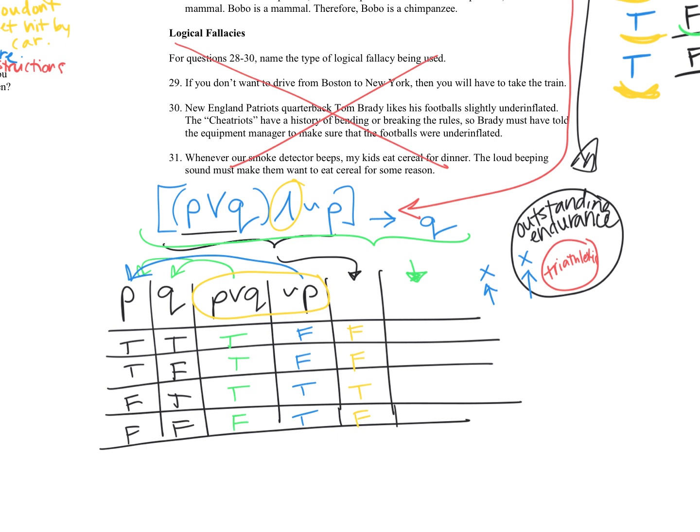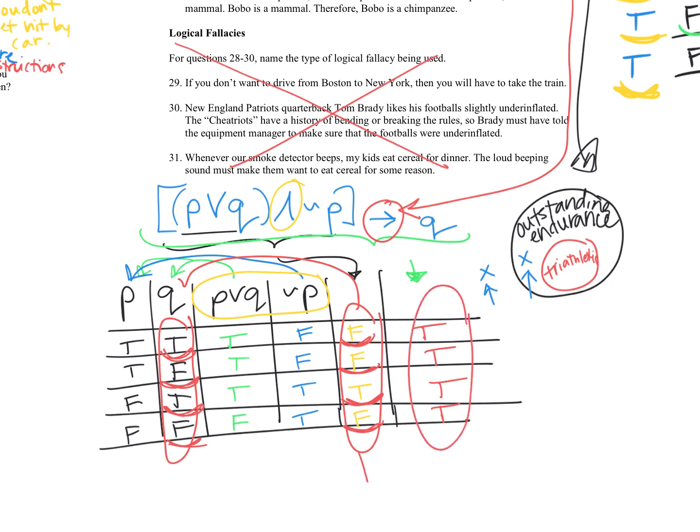And our conditional here is looking at this last column we made and seeing if it implies that column Q. So false implying true, remember that's always true. So anytime you start with the false, we're going to end up with true. If you start with true, you want to make sure it's true, which it is. And then again, we have one last false one, which is going to be true. And so we get all T's, a tautology, and so we can say that it's a valid argument.